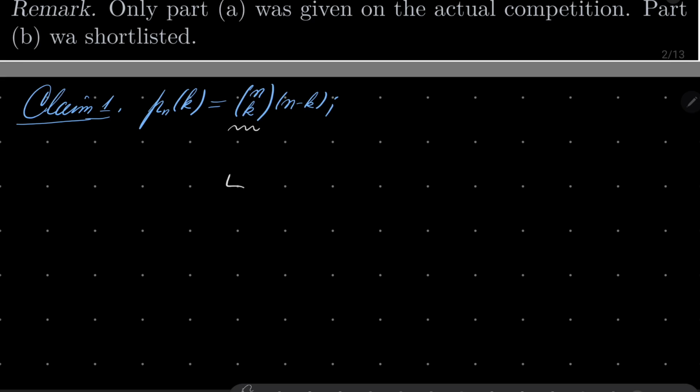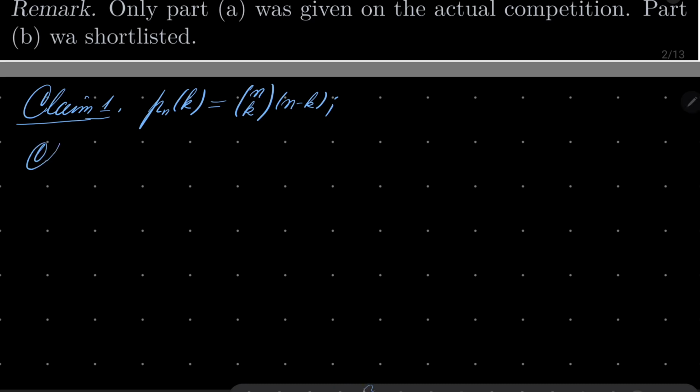For example, we have n numbers, and we wish to fix k of them, say 2 out of 5, in general k out of n elements. How many ways are there to do it? n choose k, obviously. And then we have no more fixed points, so for the rest of the elements we have to have derangements of them. How many derangements are there of n minus k elements? By definition, n minus k subfactorial. So I'd say that it has been justified by now.